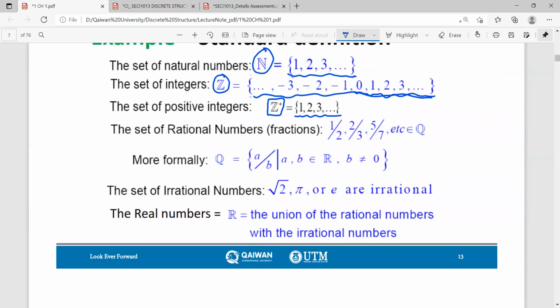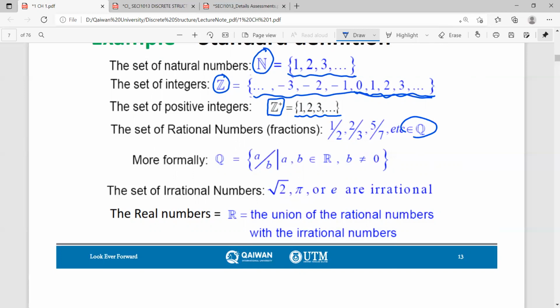And you have the rational numbers. Rational numbers are the fractions. All the fractions are the rational numbers. I have 2/3, 5/7, and so on. Okay?